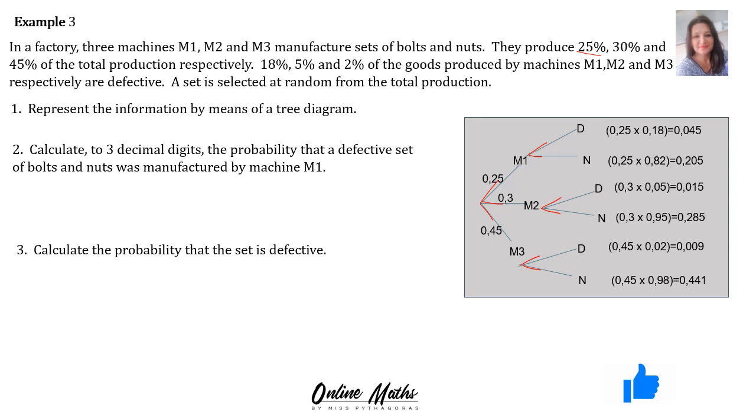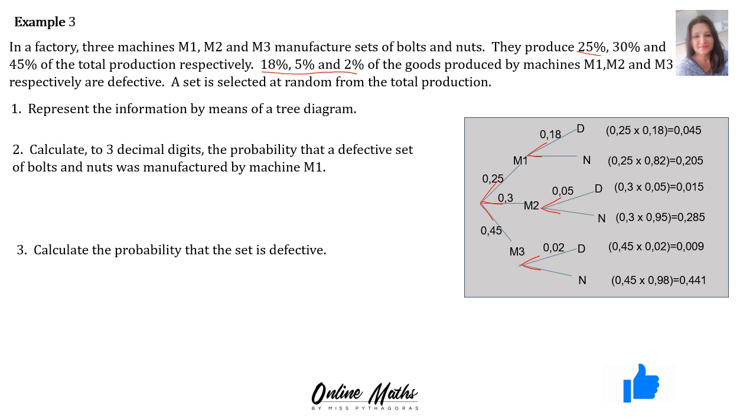Then the next set of information is 18%, 5% and 2% that's defective. So we find defective there for machine 1, 0,18. Defective for machine 2, 0,05. Defective for machine 3, 0,02.